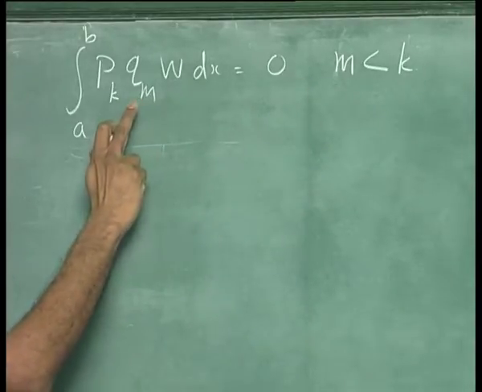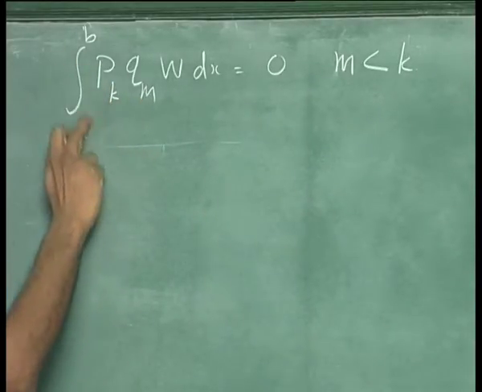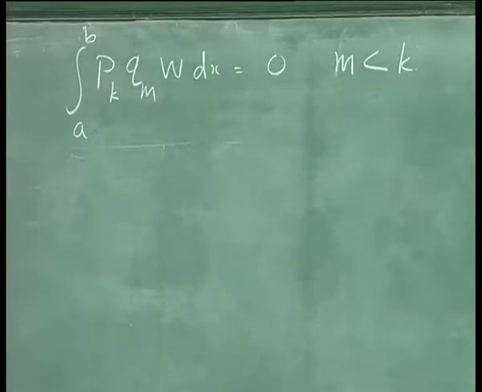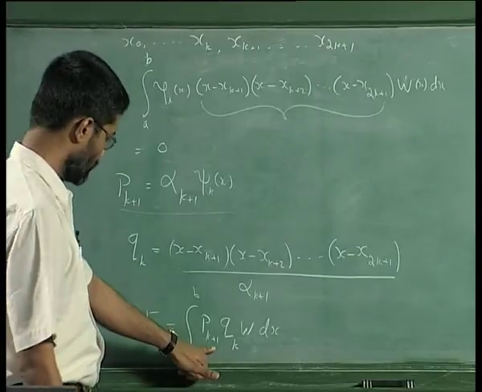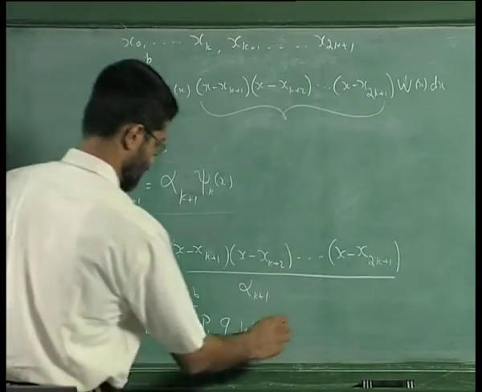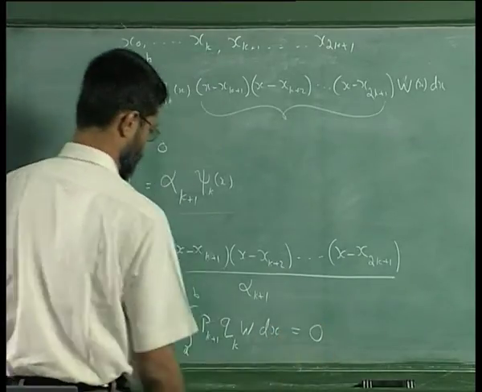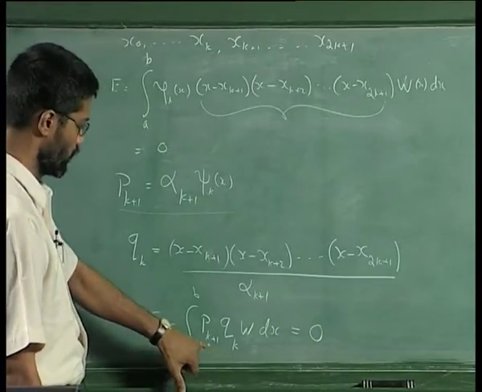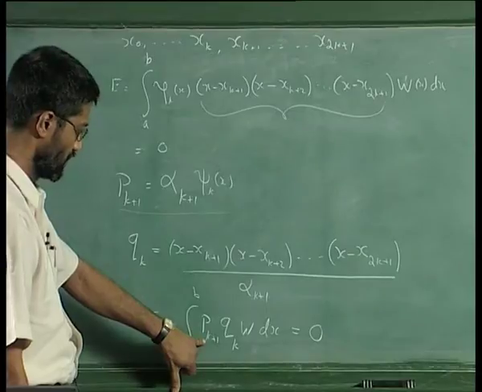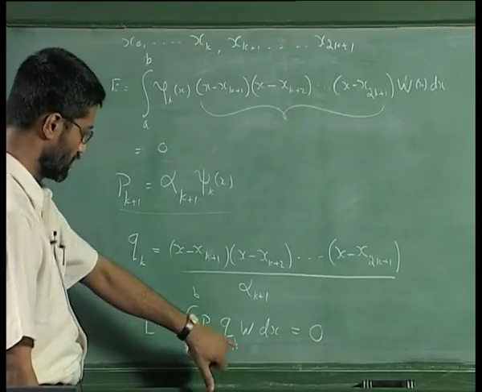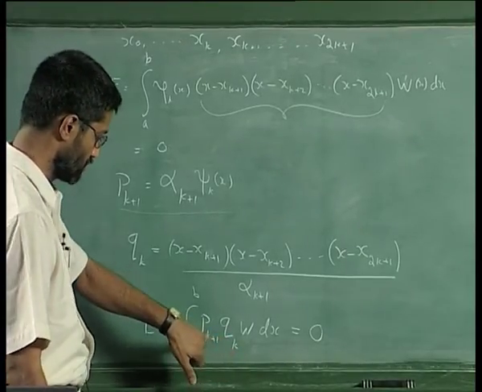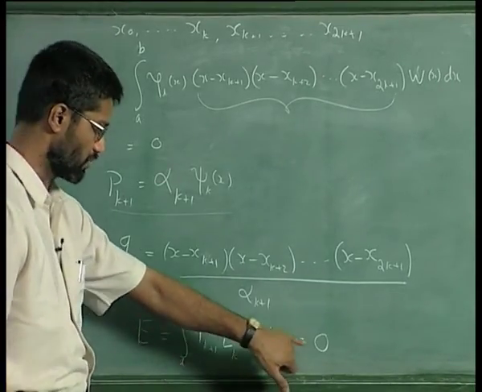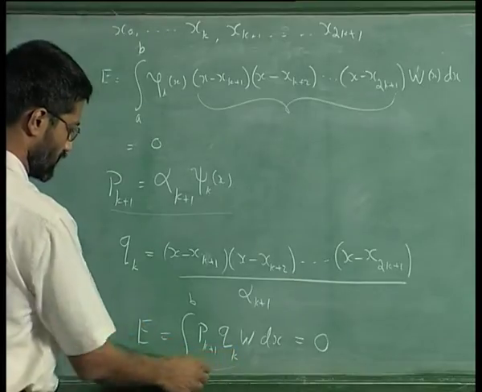If this is of the order k plus 1 polynomial, then I can go up to kth order polynomial here. That is what I am trying to write here. What I am trying to say basically is that I can always find this function qk given this polynomial pk plus 1, such that the integral of pk plus 1 into qk w dx equals 0, since k is less than k plus 1.